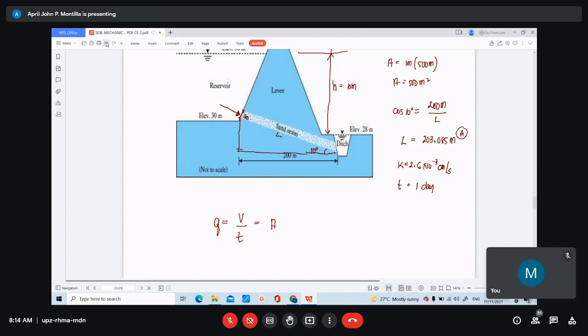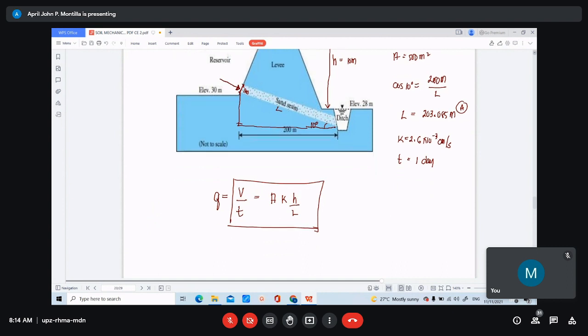Yung discharge velocity, that is a product of hydraulic conductivity and hydraulic gradient. Yung hydraulic gradient, ratio yun ng head loss with respect to the length. Ito na yung gagamitin yung equation. Kung isi-simplify nyo yung equation na yan, parang equation ni constant head test. No? Magiging QL over AHT, yung K. No? So, pwedeng yung gamitin rin yun.